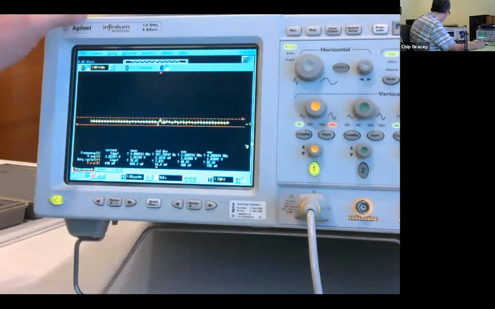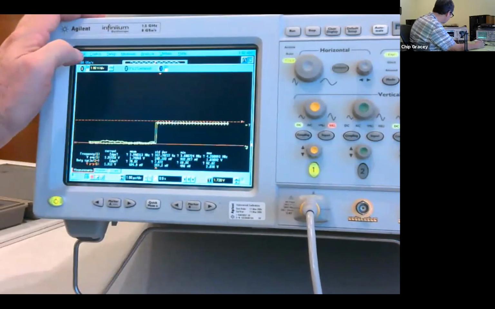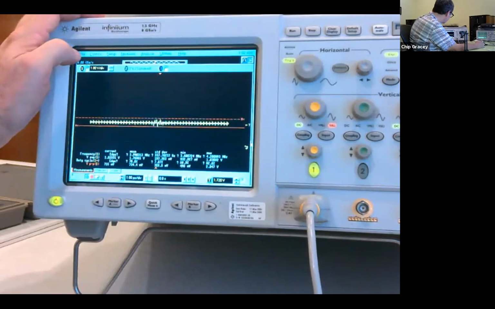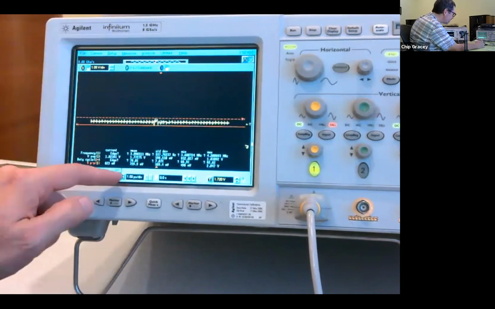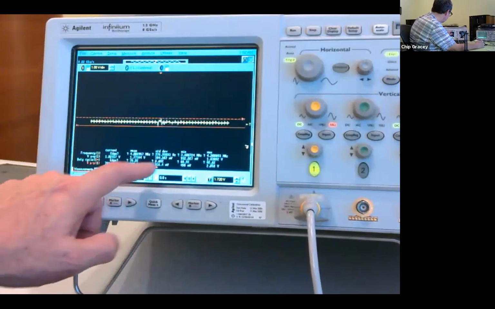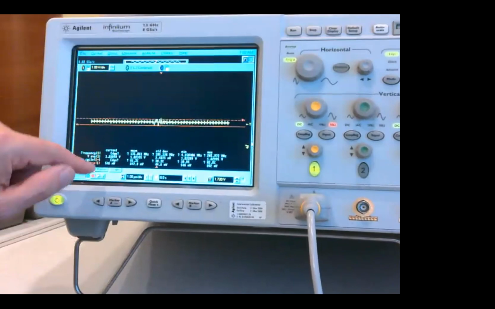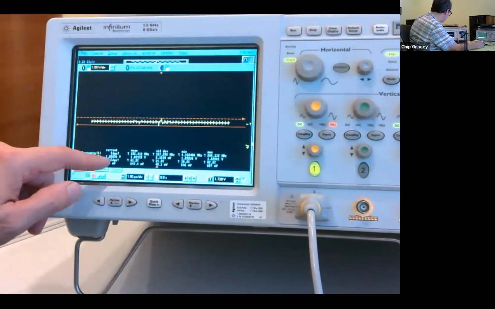It's 1 volt per division, but see, I don't have ground connected. This is the 1.8 volt power supply. It's hard to keep the probe on because it's real small. The average is 1.82 volts.